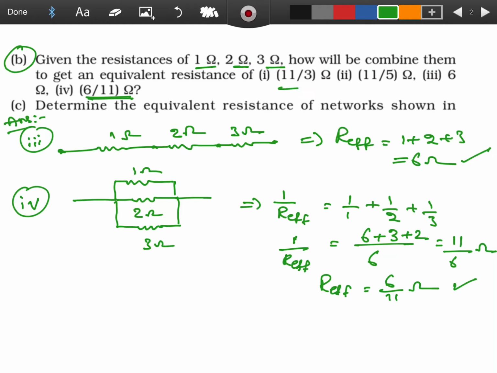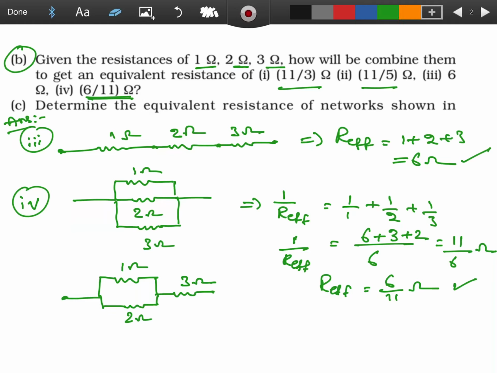Next you need 11 by 3, 11 by 5. I will try any 2 in parallel, one in series. Let us check. I will take 1 and 2 parallel, and 3 in series.